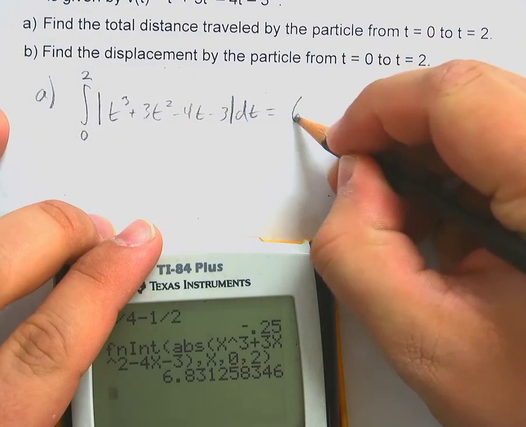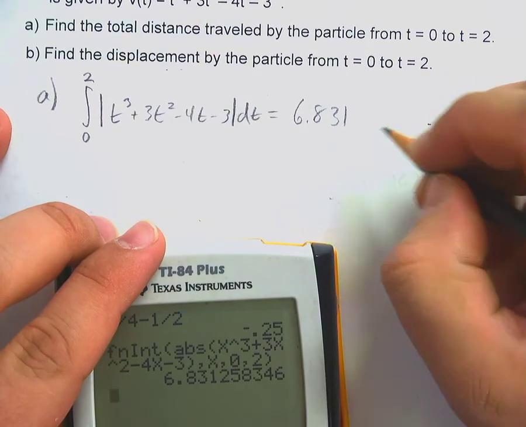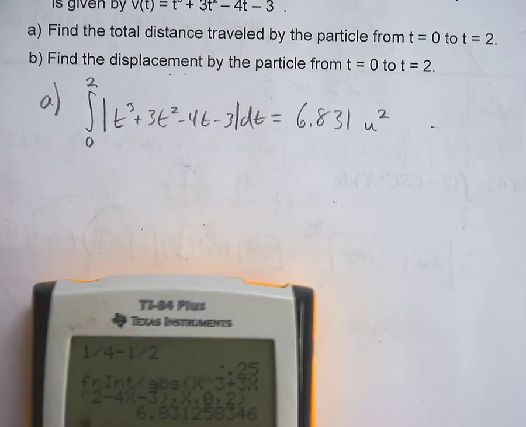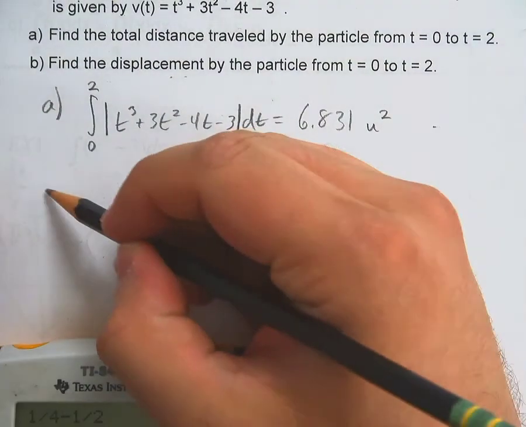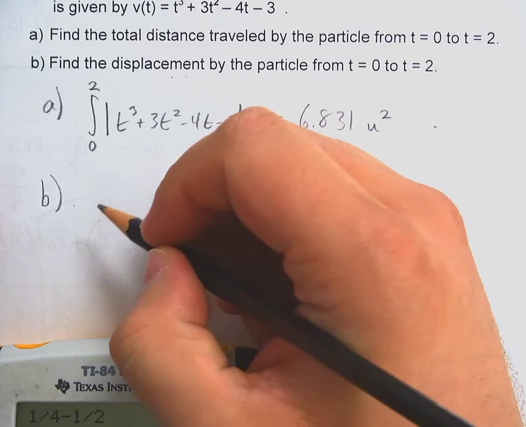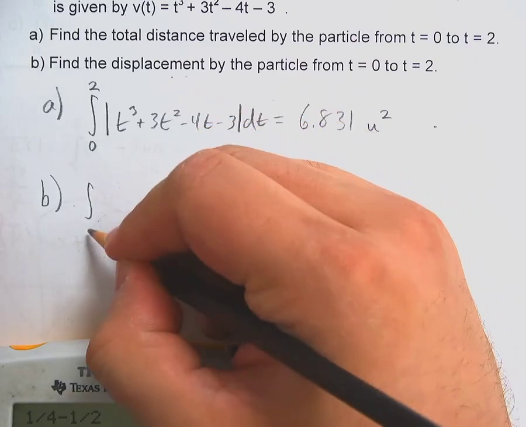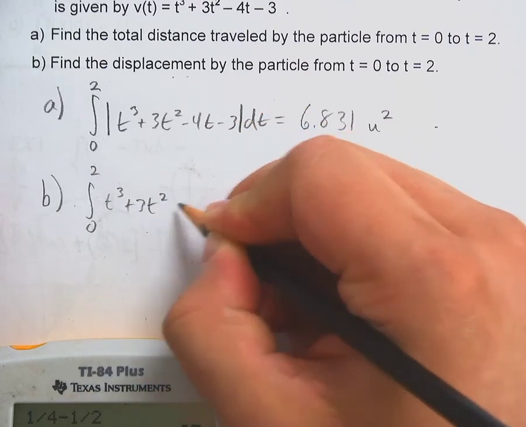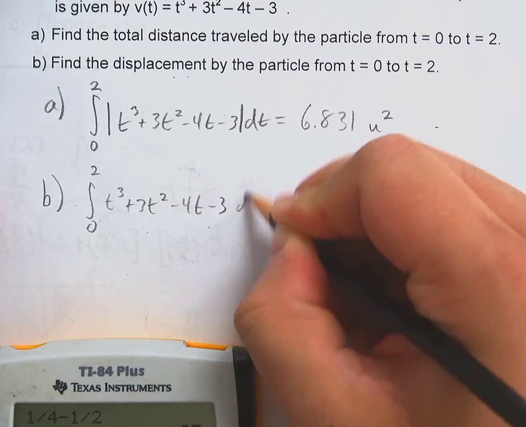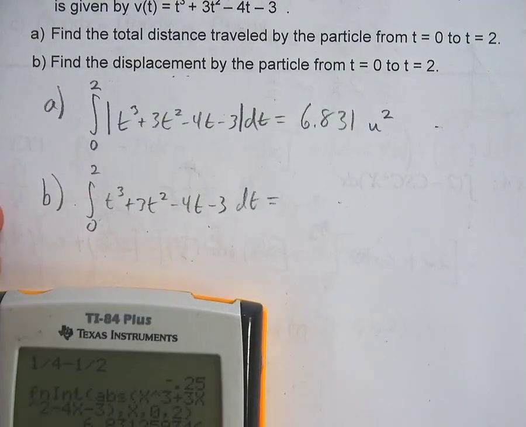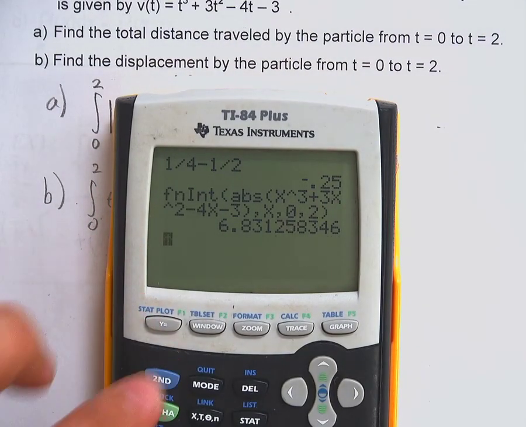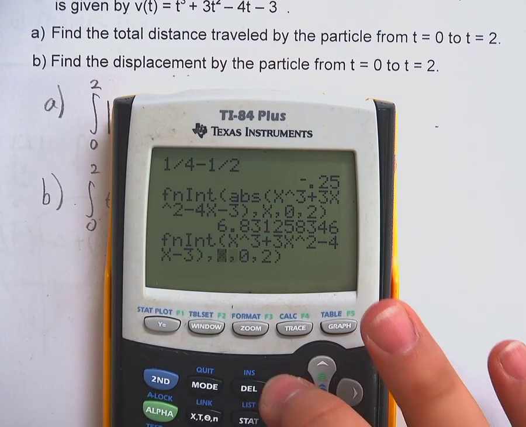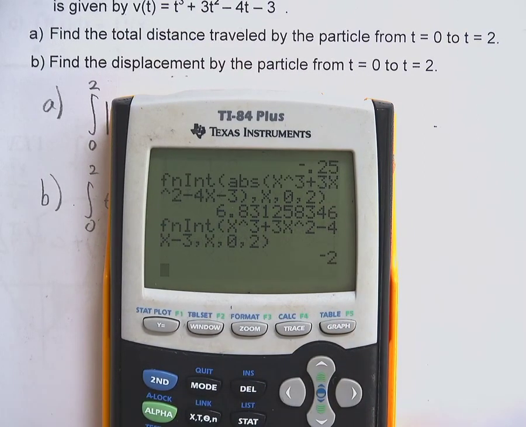6.831. And that'll just be units squared, right? We're talking about velocity. We don't know what it is, but it's units squared. So then total displacement then, the integral from 0 to 2 of just t cubed plus 3t squared minus 4t minus 3 is the same thing, second enter, but I'm just going to go back and take out my absolute value. -2.